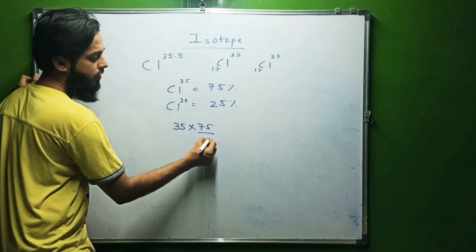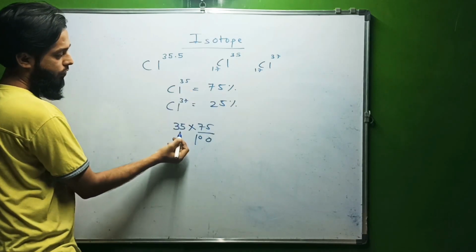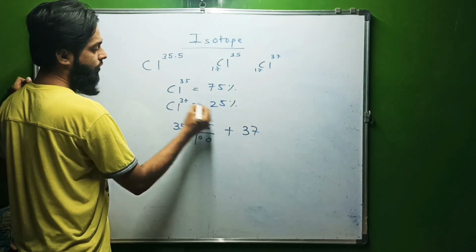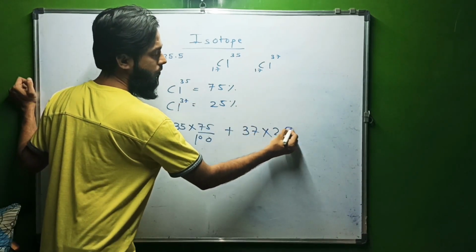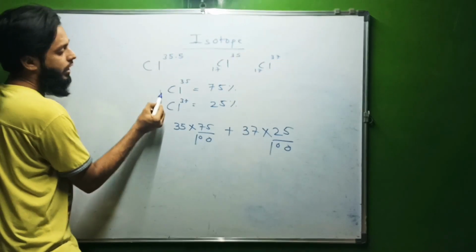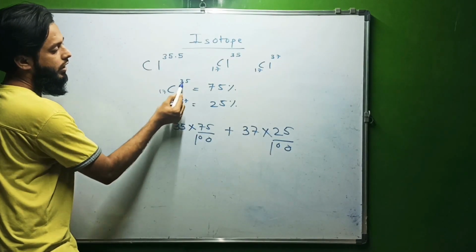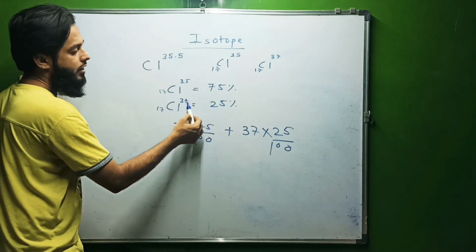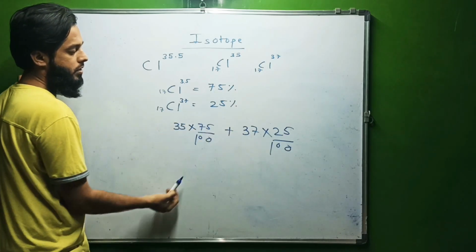So here we will take 75% of 35 plus 25% of chlorine 37. So the chlorine 35 atom exists 75% all over the world, and chlorine 37 exists 25%.